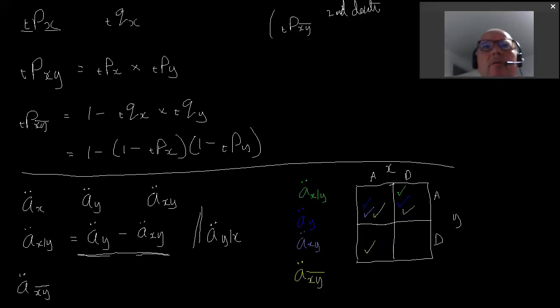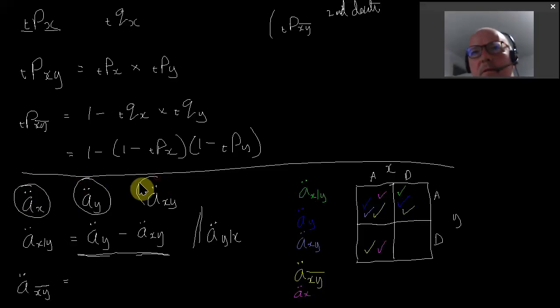But we notice we haven't finished yet, because we can also put in this diagram A double dot X, which pays out here and here. So how are we going to get A double dot XY bar when the only things we're actually given in the tables are that, that, and that?